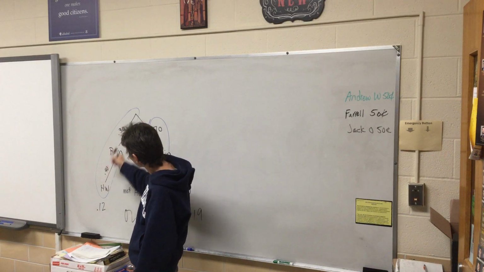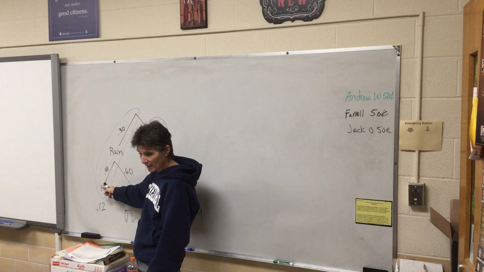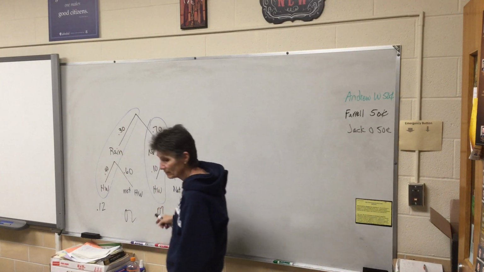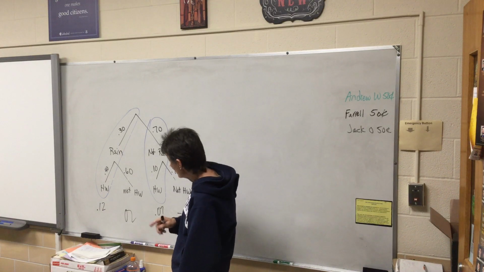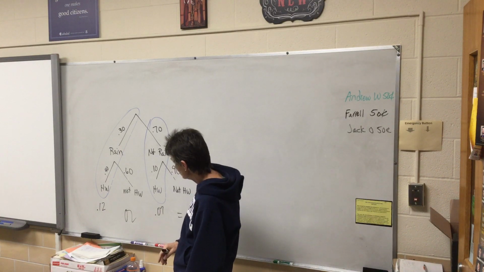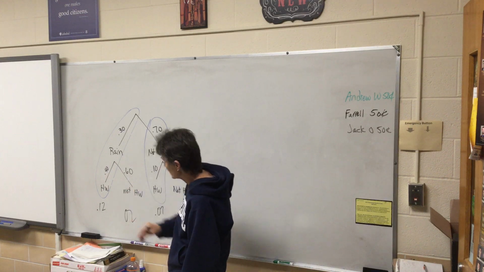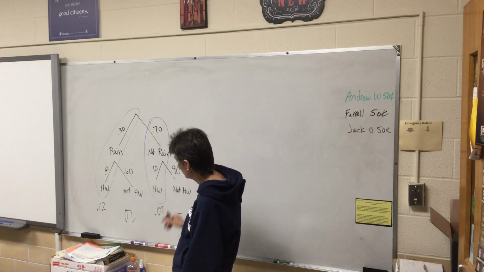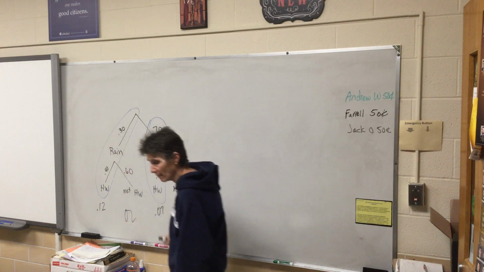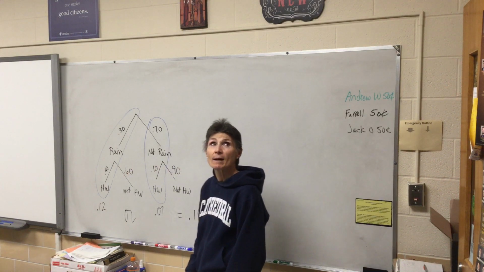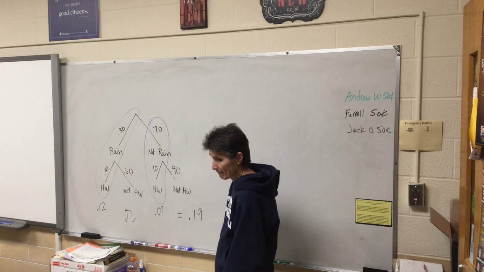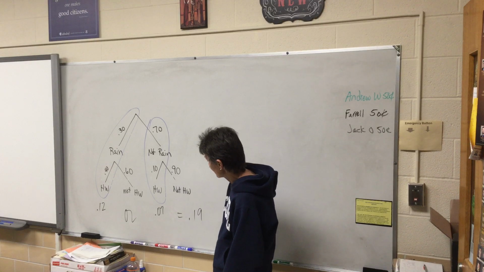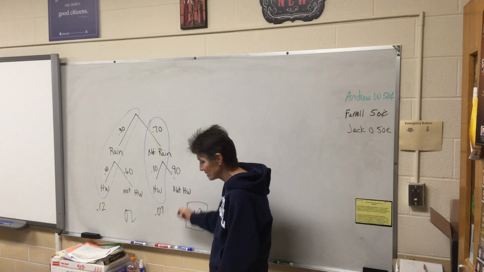When you build your tree, you're always going to multiply each individual branch. And then, depending on the problem, sometimes you only want one branch, you don't need more. But if you have multiple branches, you will add those up. So this is the final answer to the problem.